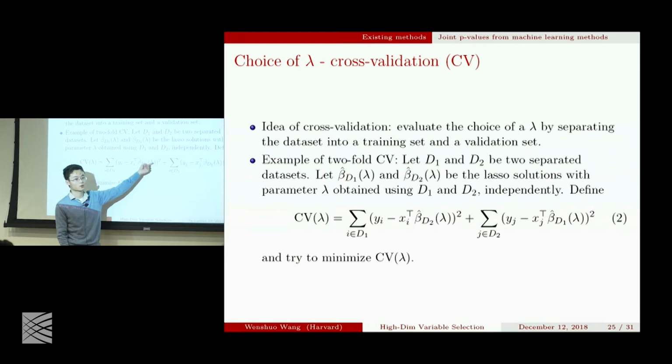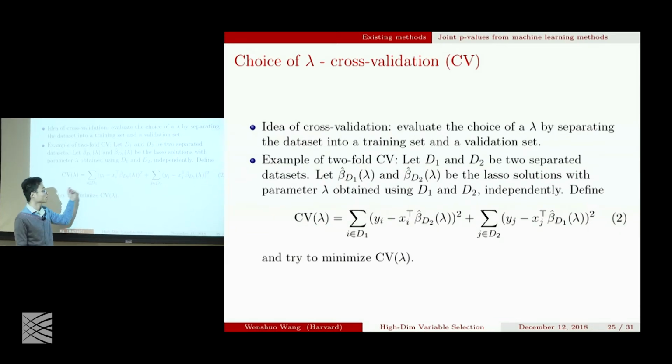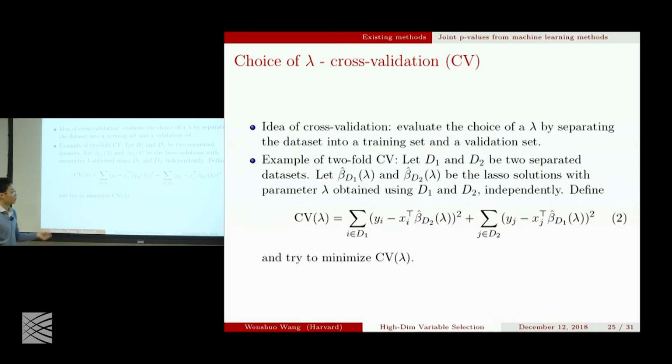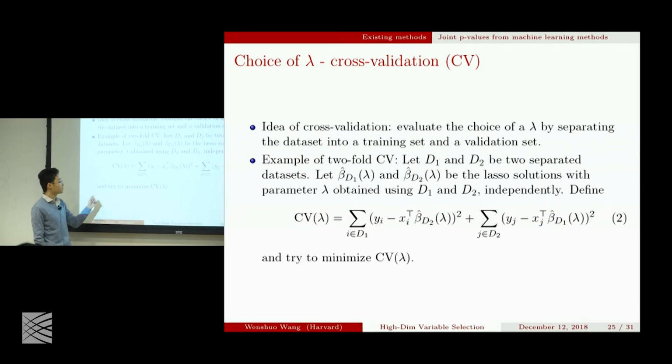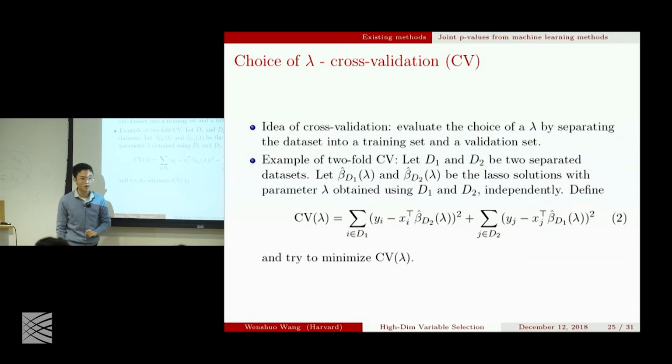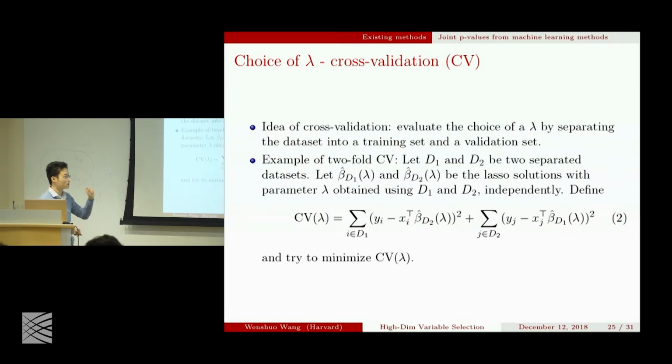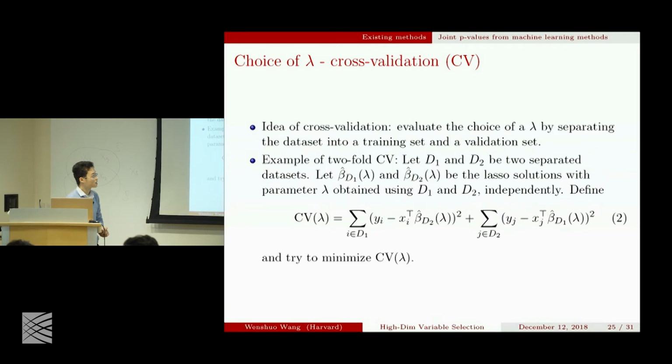So this would be the mean squared error on D1 with the beta estimate from D2. And symmetrically, we estimate beta on set D1 and then test it on D2. If I sum these, I define this as a function of lambda. I want to minimize this function, because if a lambda makes this small, then I can say that's a good lambda we can use.